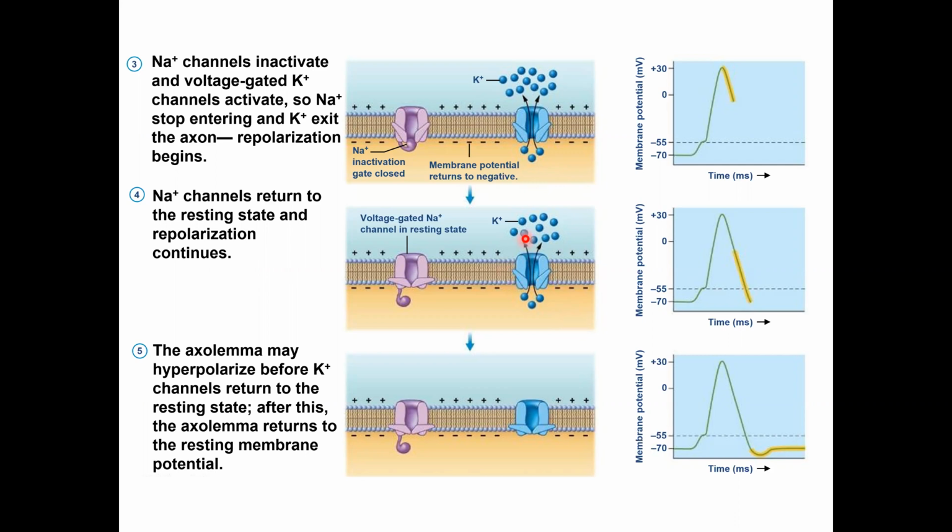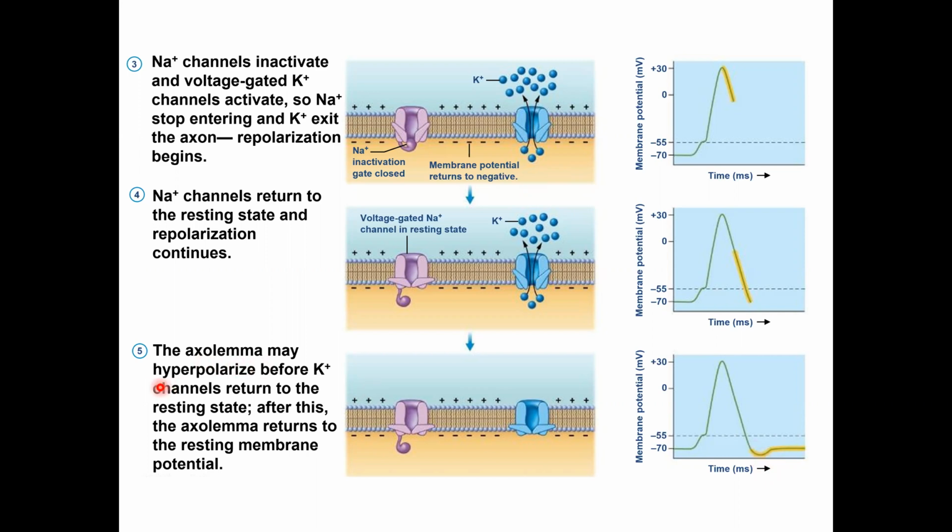And actually, these potassium VGC can open a little bit longer than they are supposed to, and the cell becomes even more negative inside. So it's not minus 70, it might be minus 72, minus 75, right? Minus 80, and this is called hyperpolarization.